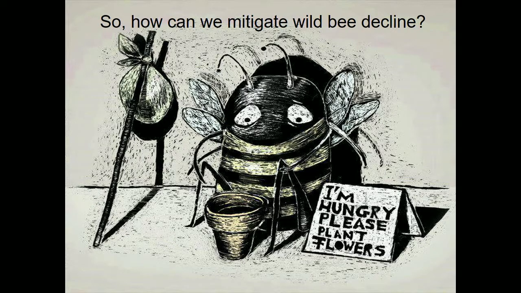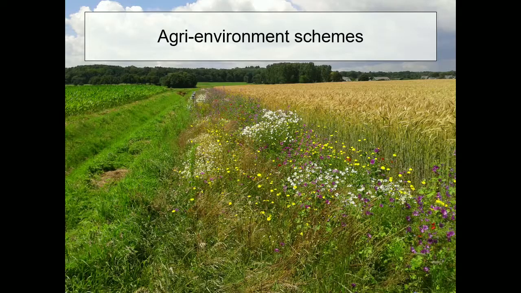So the question pops up, what can we do about this to mitigate bee decline? Well, it seems obvious, enhance floral resources. And one way to do this is by the use of agro-environment schemes. Virginie explained what it is. You have different types.